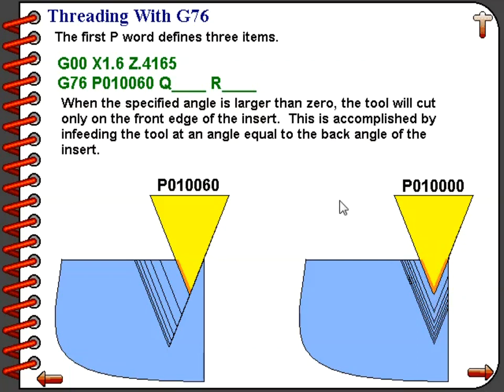Now the difference in cutting conditions is quite severe for these two types of thread. If you think about the chip that would be formed during this cut, while the tool is feeding straight in on the x-axis, the chip would be V-shaped and it would be very difficult to control. This would cause the chip to bind up in our thread. In the other example at the left, where we specify a 60-degree nose angle, the chip would be formed on one side of the insert, and it would flow freely out of that thread.